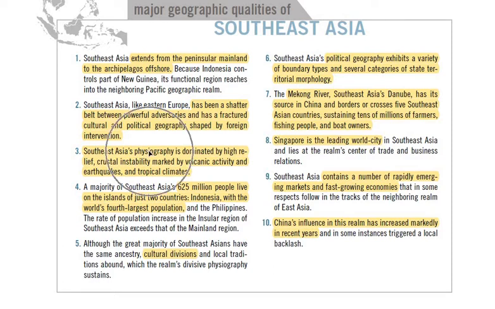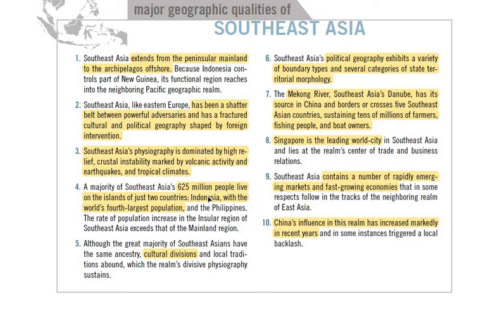Then the physiography of Southeast Asia is dominated by high relief, and this is a realm which is vulnerable to volcanic activity, earthquakes and tropical cyclones. And this is the realm which faced a tsunami some 10 years back in the 21st century. Then this realm is heavily populated, and most of the population lives in Indonesia and the Philippines.